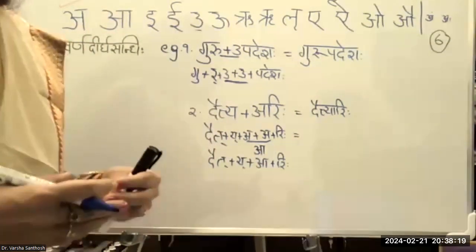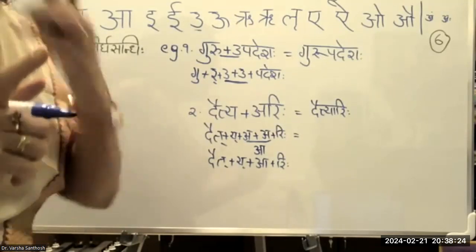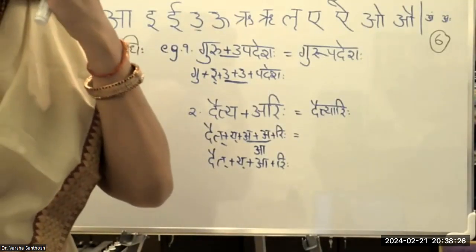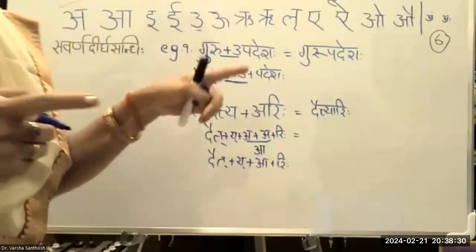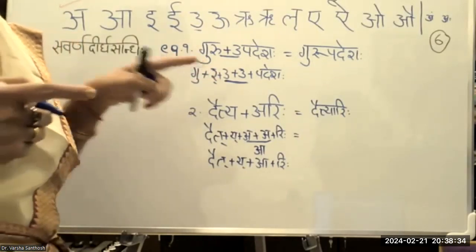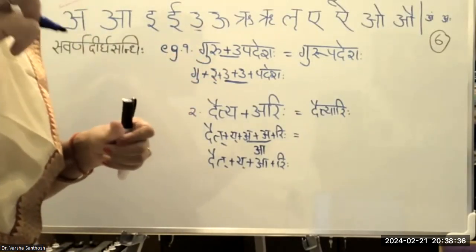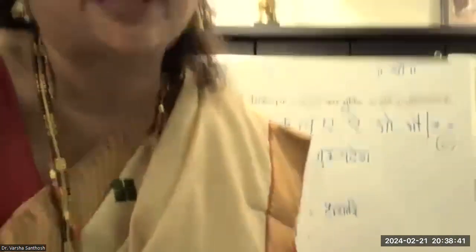Word combining is samasa. One single alphabet, the last alphabet of the first word and the first alphabet of the second word, the combination is happening at that level and we should know. So when there are two similar alphabets, dirgha happens.